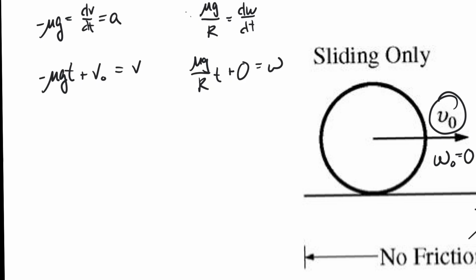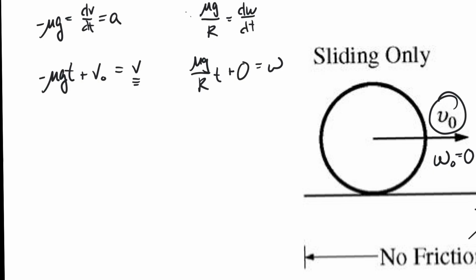Because the rest of the problem asks you, how long does it take until the system is rolling? They want a time. And if you don't know what that means, you have no idea where to go from here. But if you look closely, this velocity is becoming a smaller and smaller number. At t equals 0, it equals v naught.